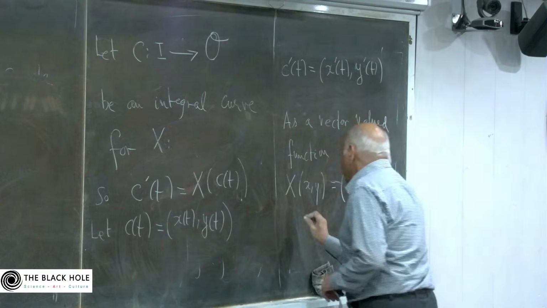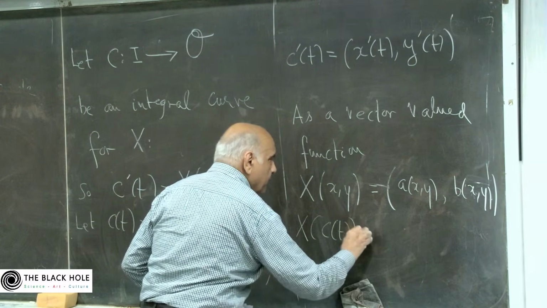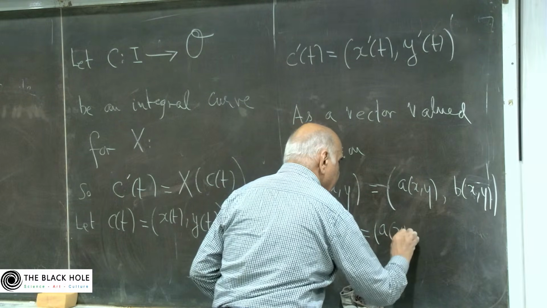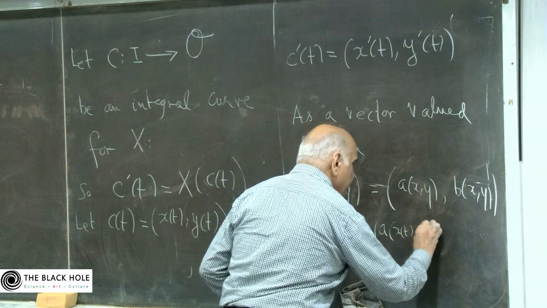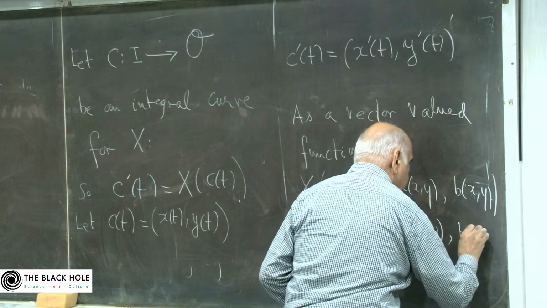So what is X of C t? It is a of x t, y t and b of x t, y t.